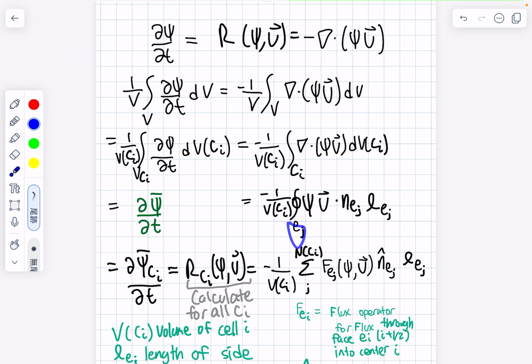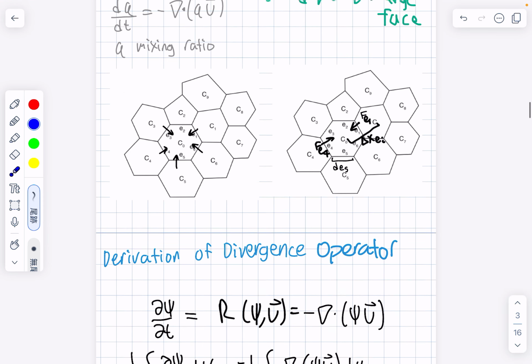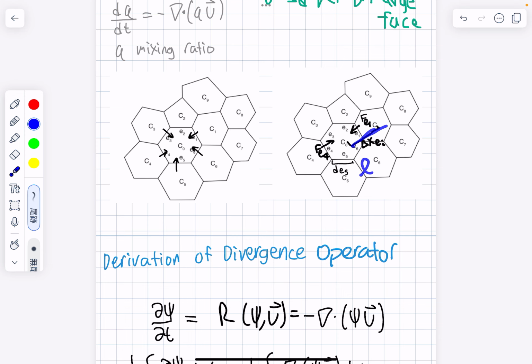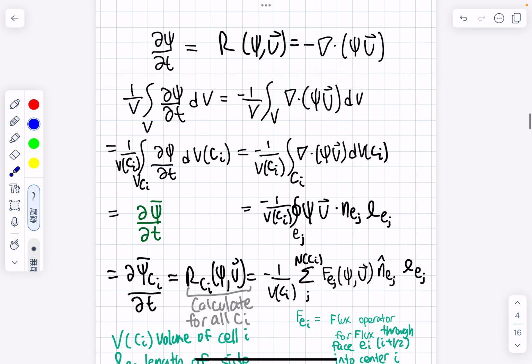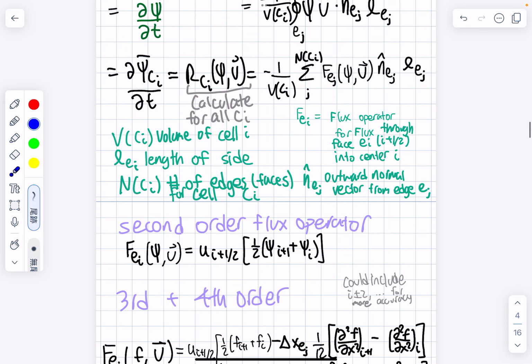This stays volume of Ci, and according to the divergence theorem, we need these normal vectors that are normal to an edge, and we also need the length across the edge. So this is the length across the edge. The normal vectors point perpendicular, maybe some are going in. I'll talk about that later.